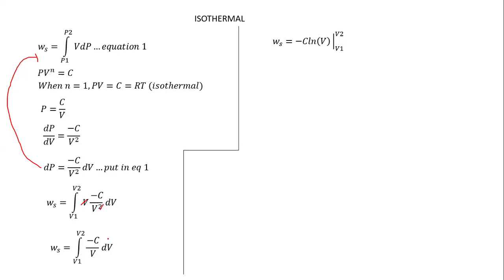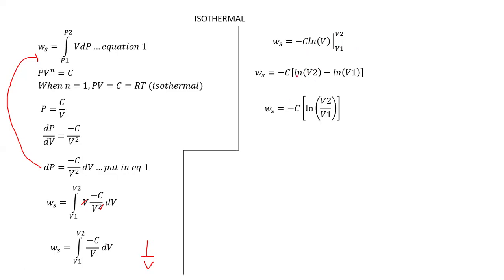And we are dealing with the assumption that our heat capacity is constant, so I can bring it out. So I'll just have to integrate 1 over V. And if I integrate 1 over V, I'll get the natural log of V from V1 to V2. So I can put V2 in minus, I'll put V1 in.